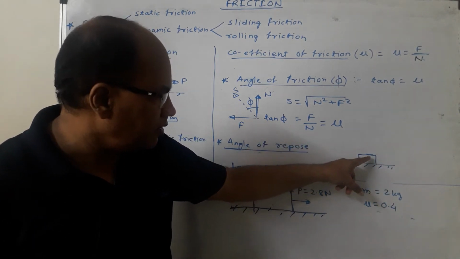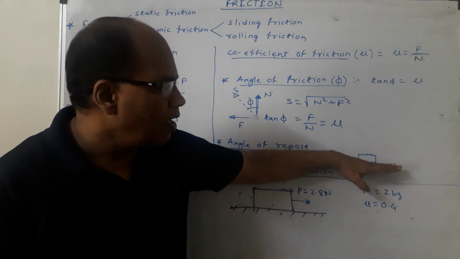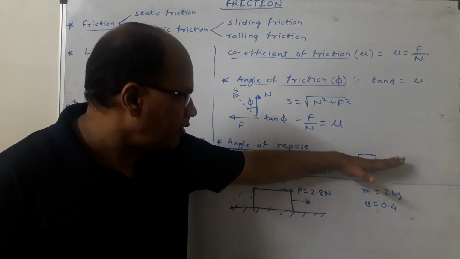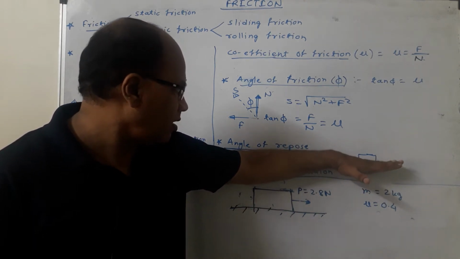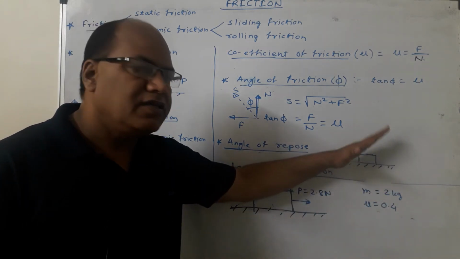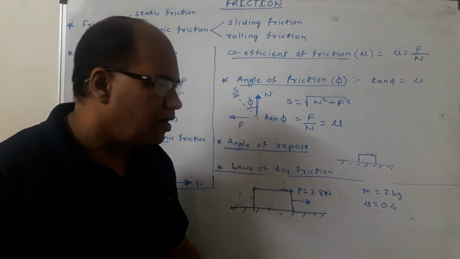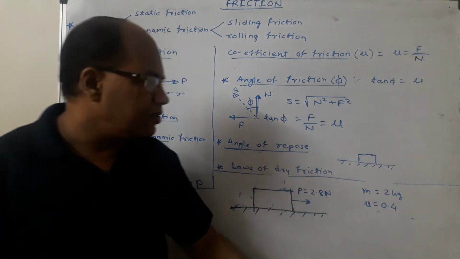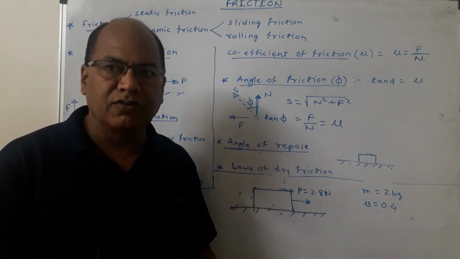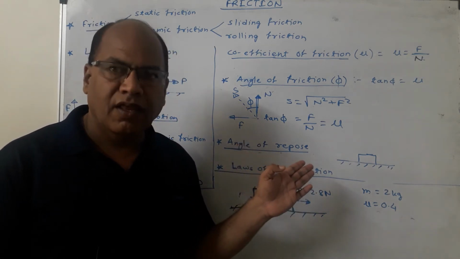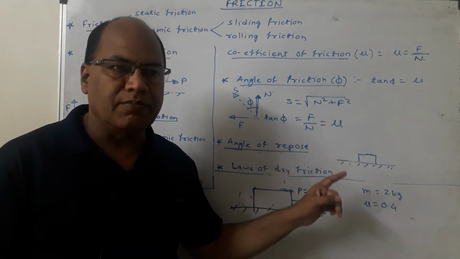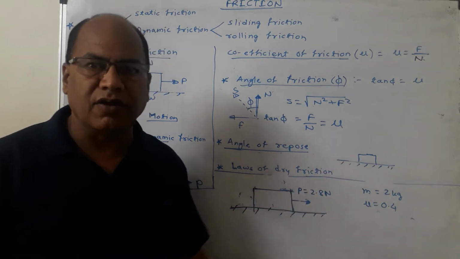If I go on making this plane inclined to the horizontal, means if I go on increasing the angle of inclination with the horizontal, a stage will be reached at which the body kept on that inclined plane will be in a position to move down the inclined plane, and the angle made at that stage by the inclined plane with the horizontal is called the angle of repose.